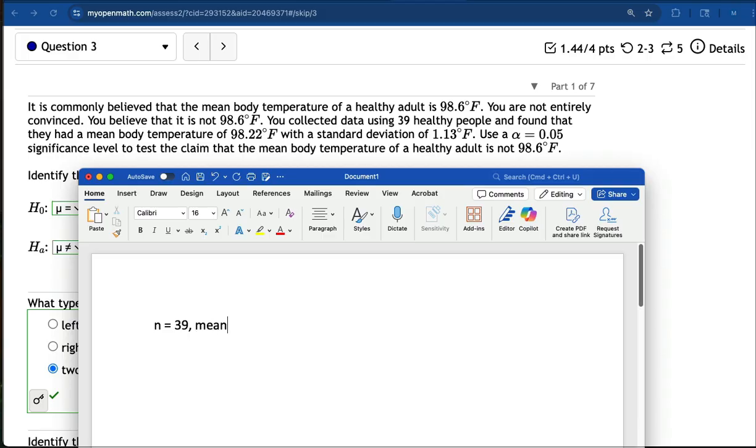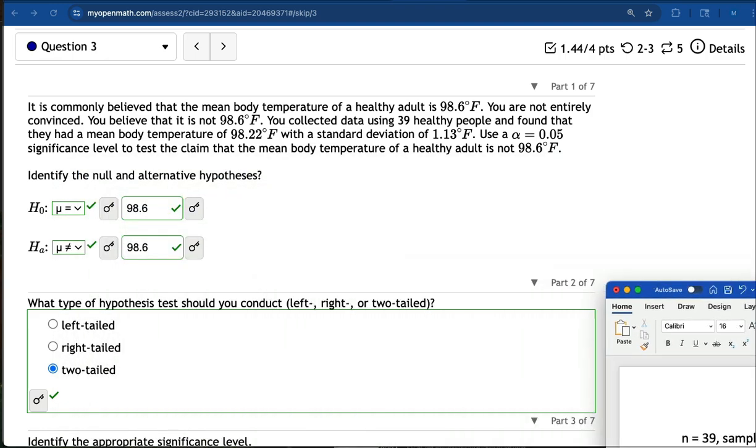Our mean from our sample, so sample mean, is 98.22. And sample standard deviation, which is S, is 1.13. Okay, those are the three things that we're going to need to type in when we go into StatCrunch.